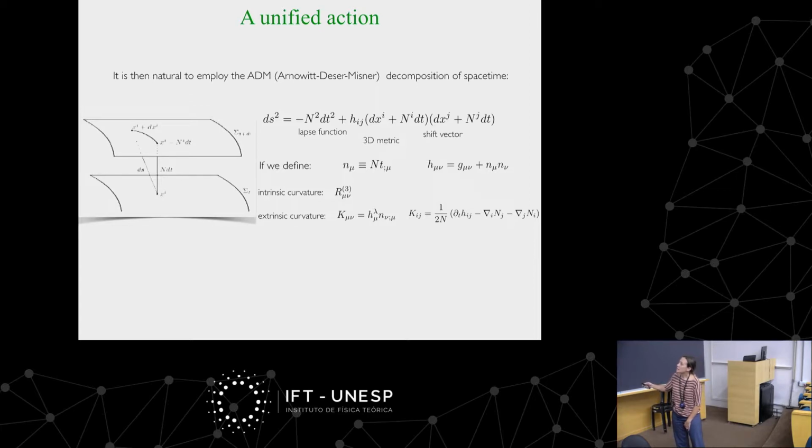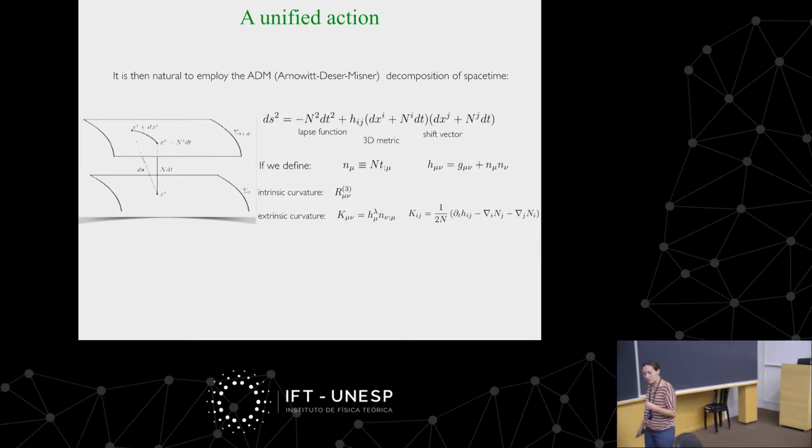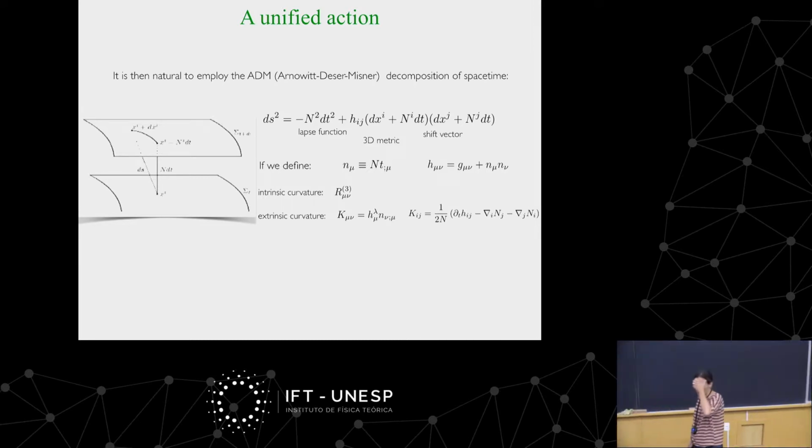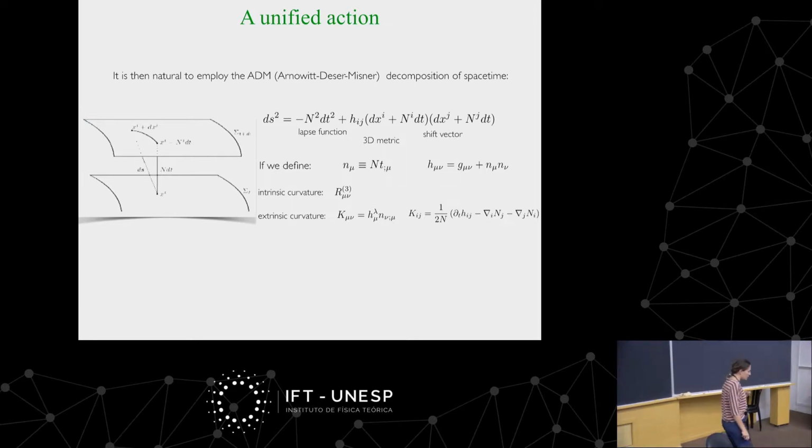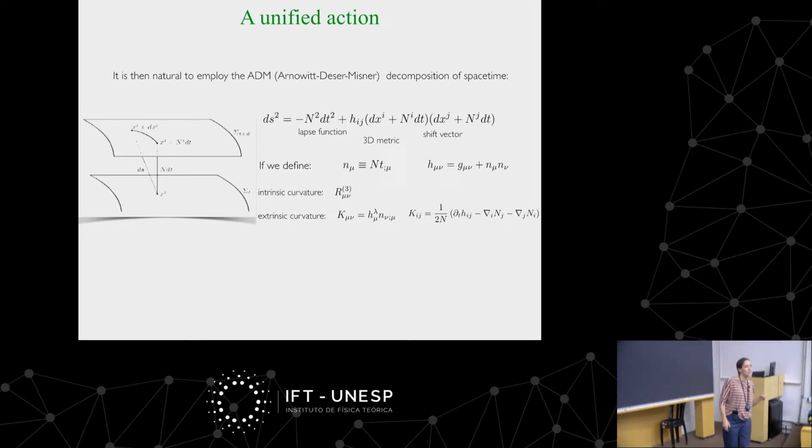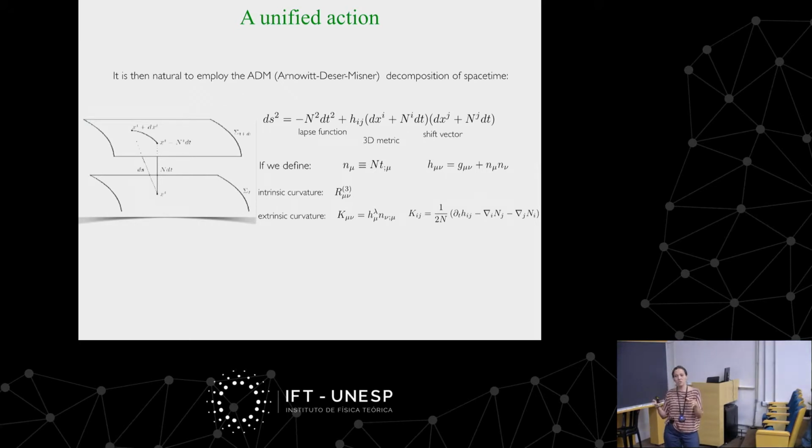And there are two types of curvatures that we can then think of. One is the intrinsic curvature, and one is the extrinsic. A very good way of thinking about that is by taking a piece of paper, which is flat, on which you have Euclidean geometry, and it has zero intrinsic curvature.